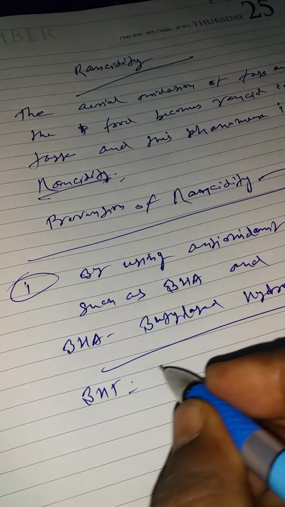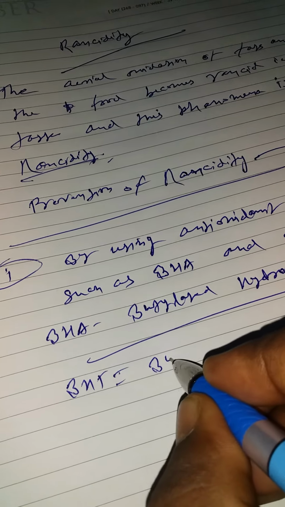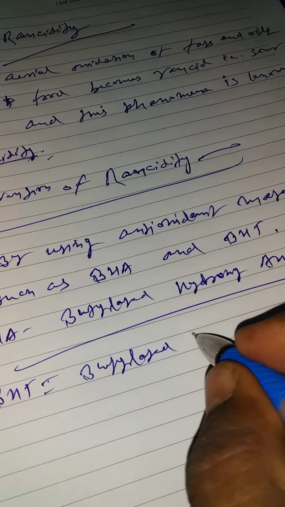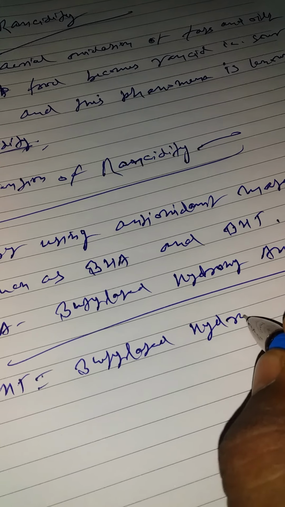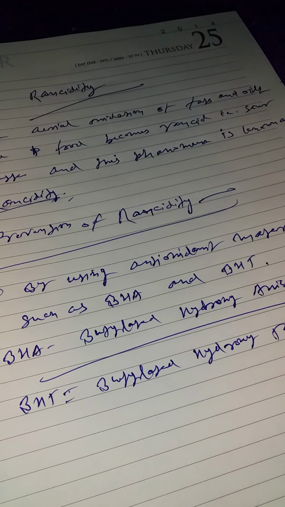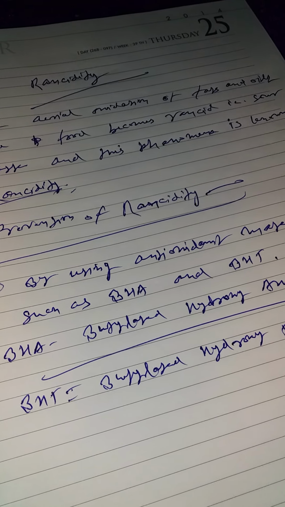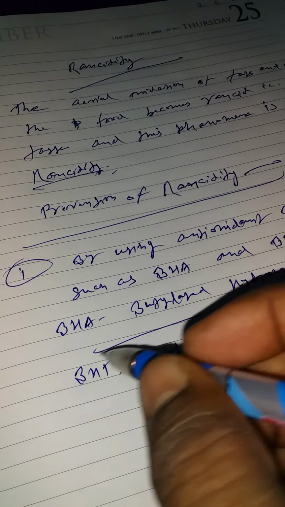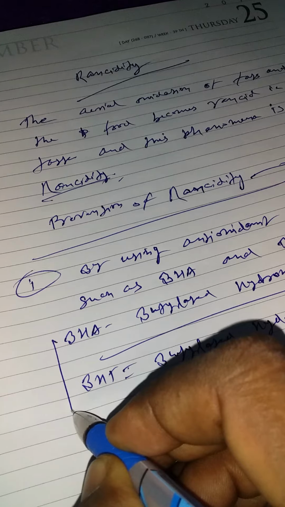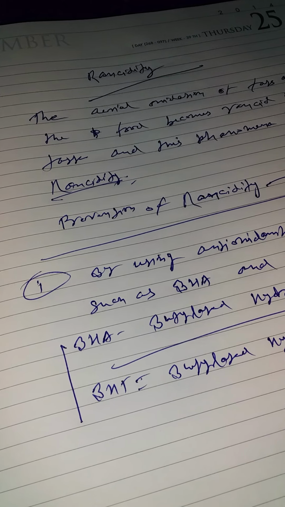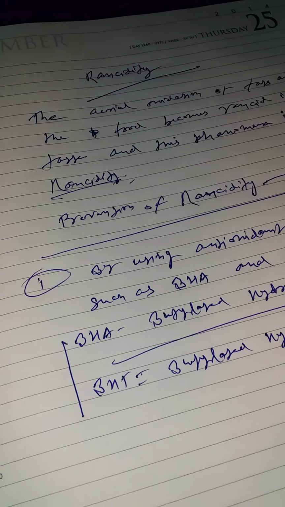And BHT, butylated hydroxy toluene. It is also an organic compound. So by adding BHA and BHT, we can reduce the process of rancidity.